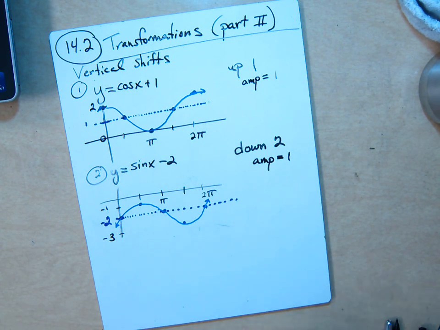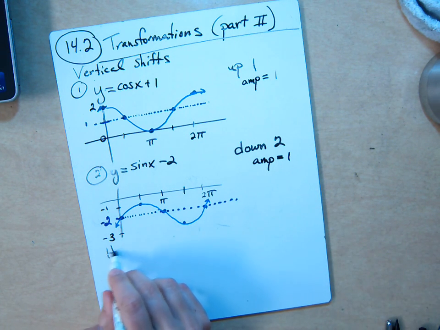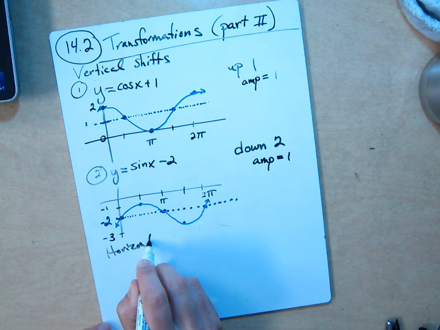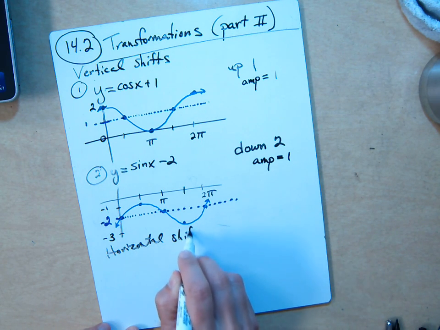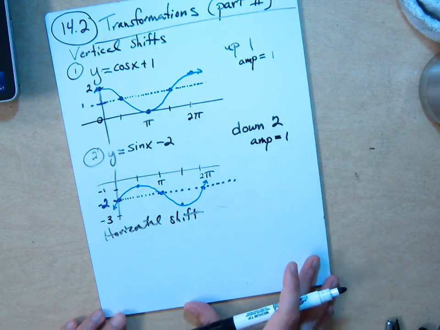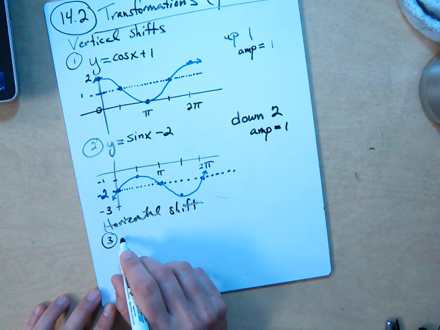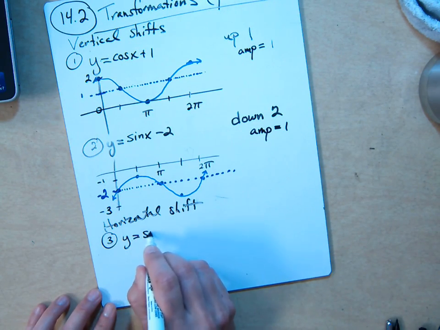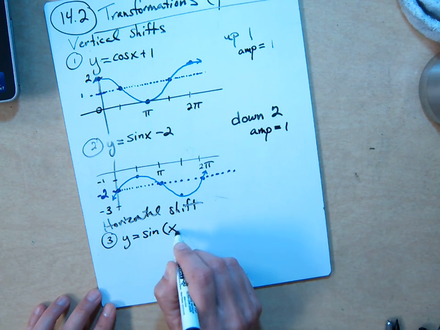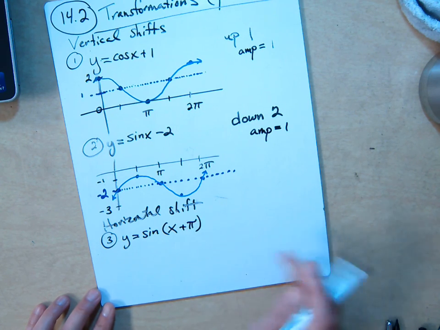So now we're going to do horizontal shifts. This will change sort of how we scale the x-axis. So we're going to do y equals sine of x plus pi.